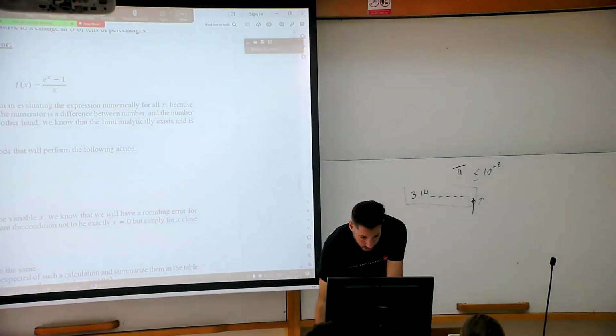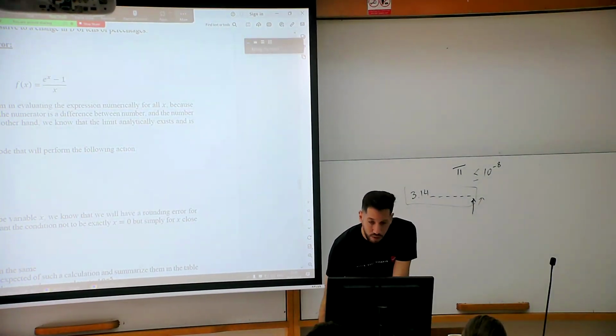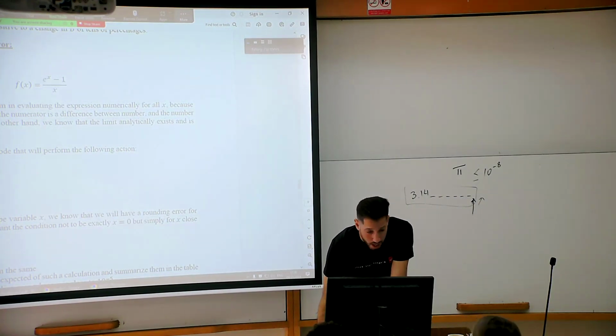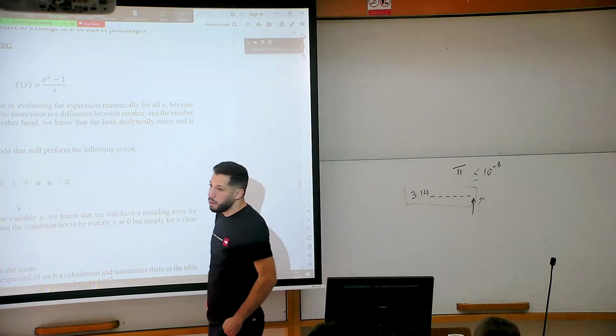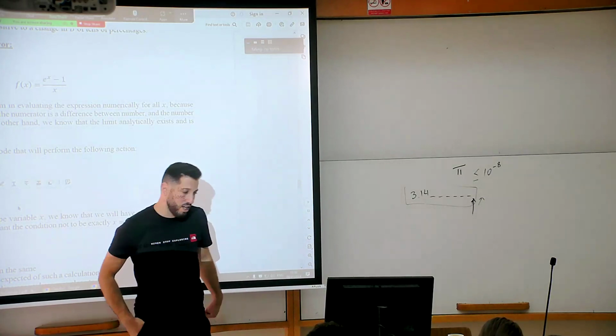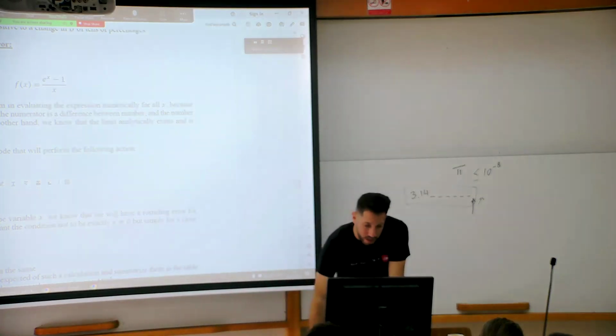So we want to tell the computer that if x is 0, then the function is 1, and else the function is like this. We want to tell him that, but because of the problem of underflow, we don't tell him if x is 0.